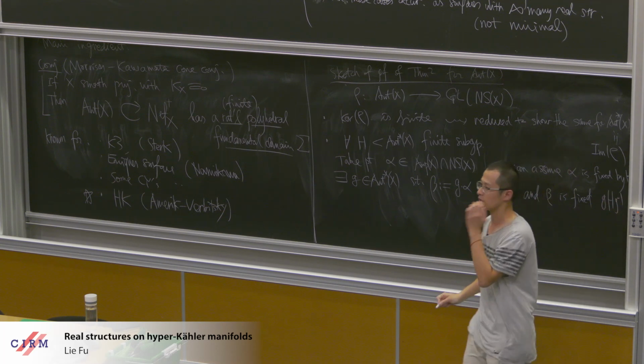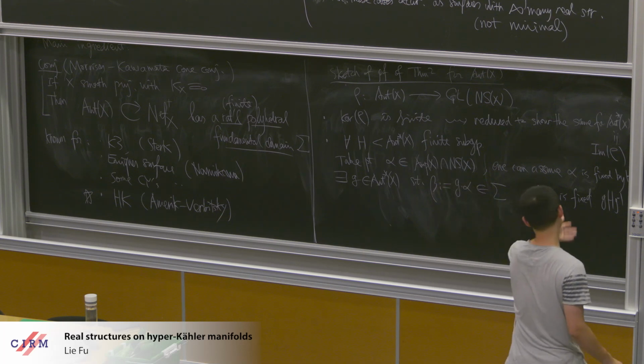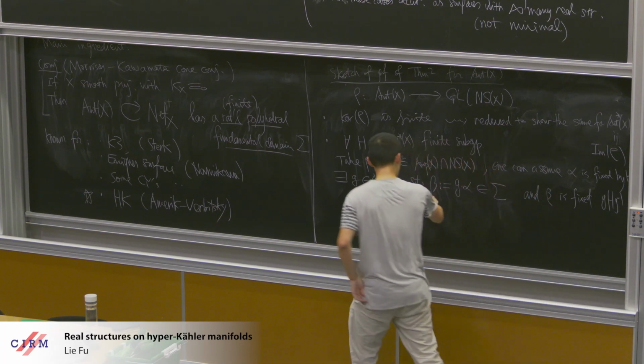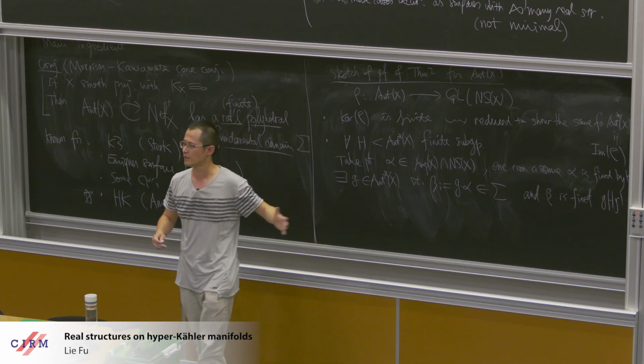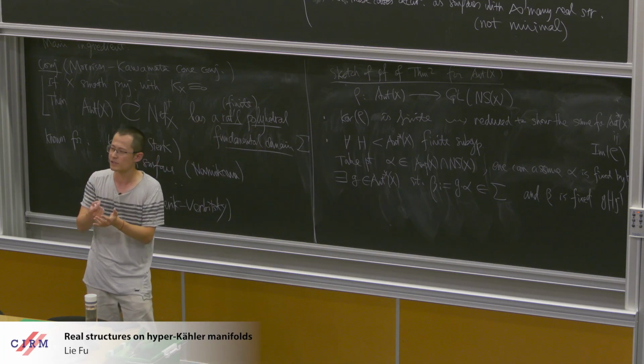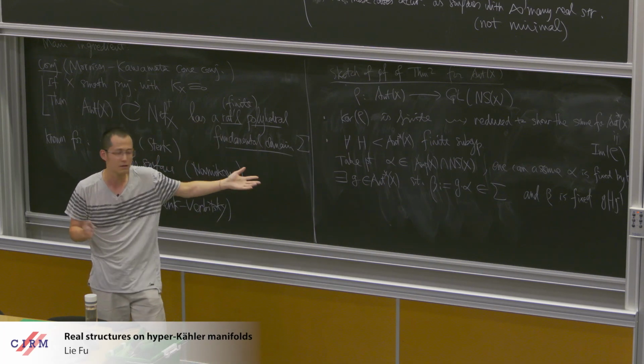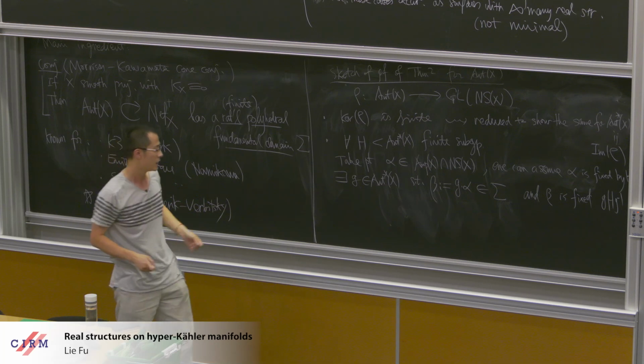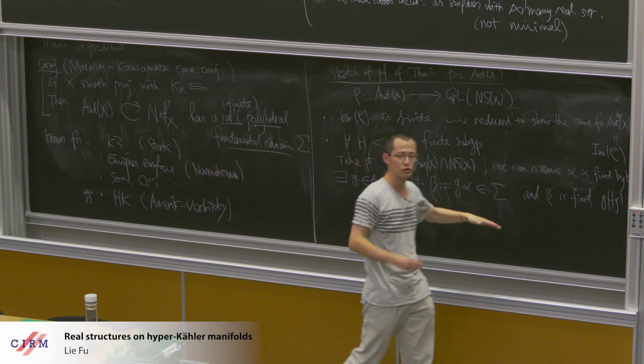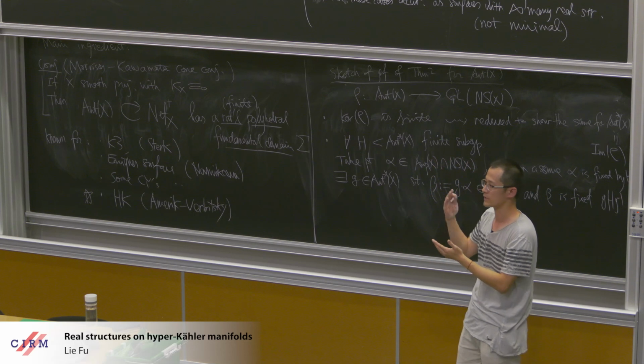This is the point that is fixed by this conjugate. But this is in the fundamental domain. So if it's really in the interior of the fundamental domain, then there is no such automorphism. Yeah? But unfortunately, this beta could lie on the boundary of this sigma.